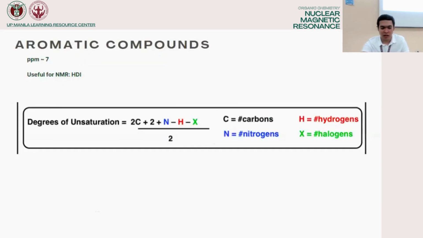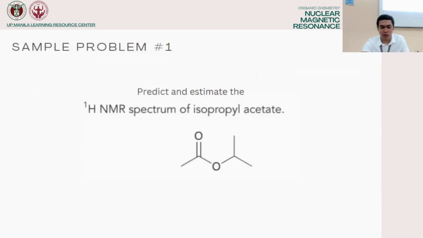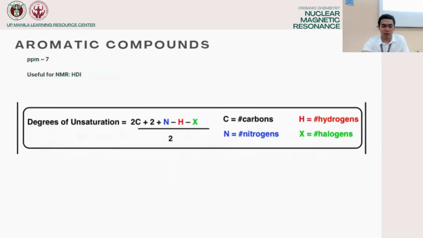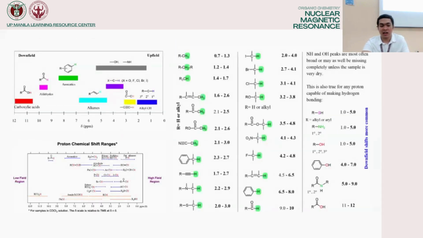So, I think for aromatic, siguro this is for the next meeting na lang. So yung mga samples na to ay more integral na. This would be discussed on September 21. So hopefully, yung mga nasa online class, they can go on-site. Kasi mas maganda talaga na i-discuss siya sa board.